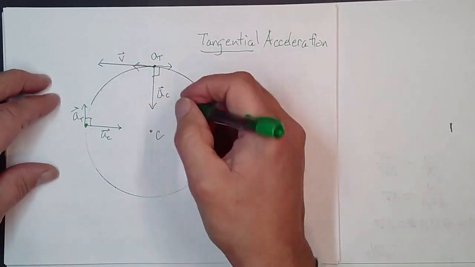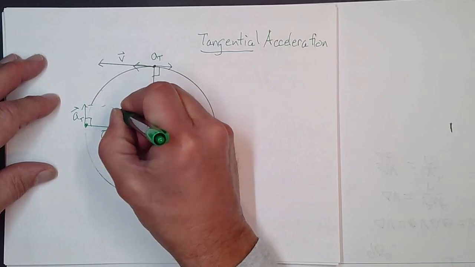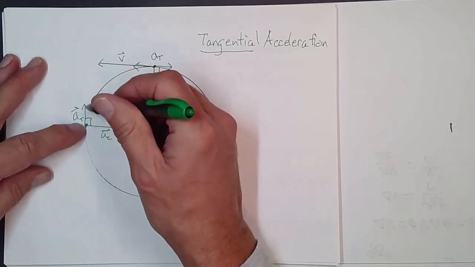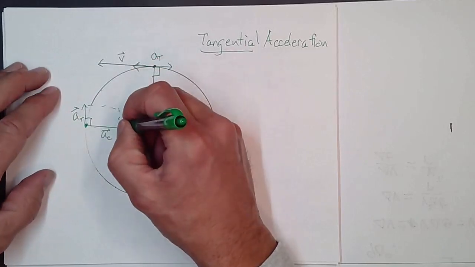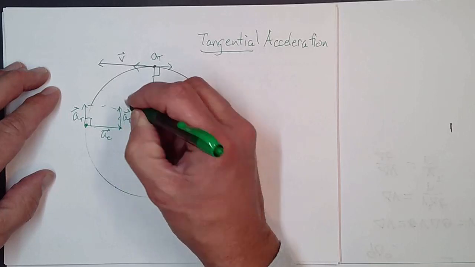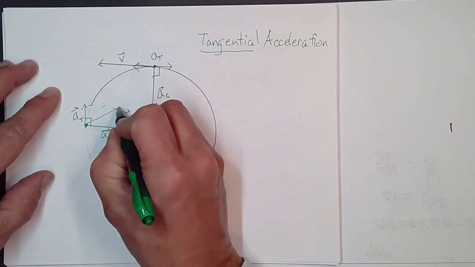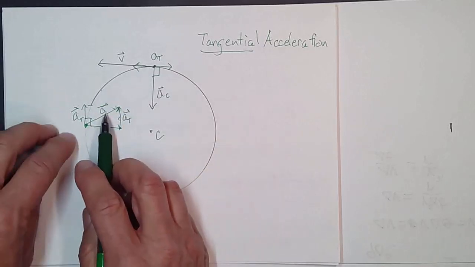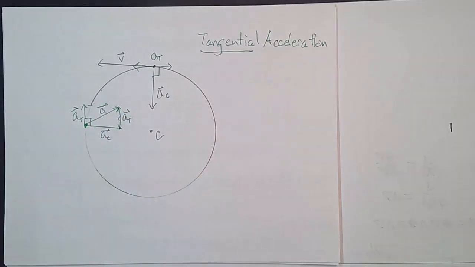Now, the total acceleration is the vector sum of these two. Okay, so we could take this tangential acceleration here and slide it over, and the total acceleration would be this. And the total acceleration we'll just write as an A with an arrow on top of it.